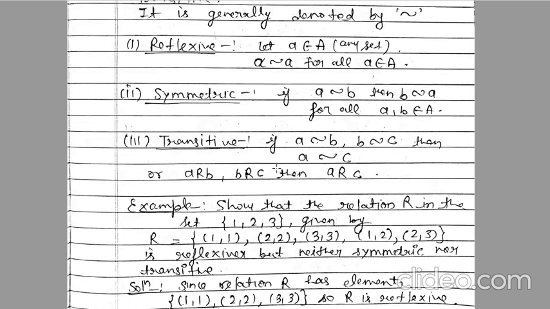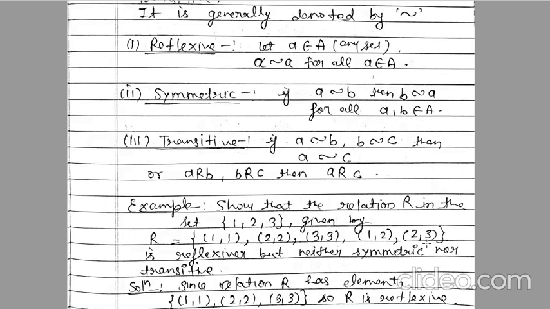Now there is an example here. Show that the relation R in the set {1, 2, 3} given by R = {(1,1), (2,2), (3,3), (1,2), (2,3)}. Set is denoted by capital letters, and elements are denoted by small letters.